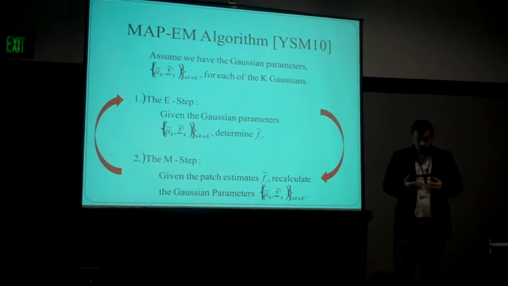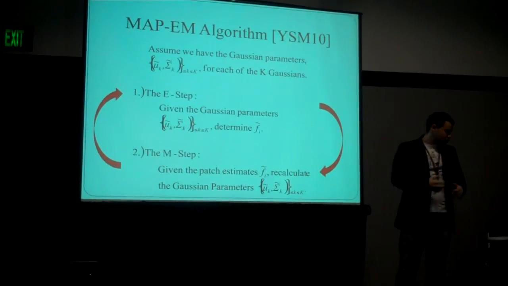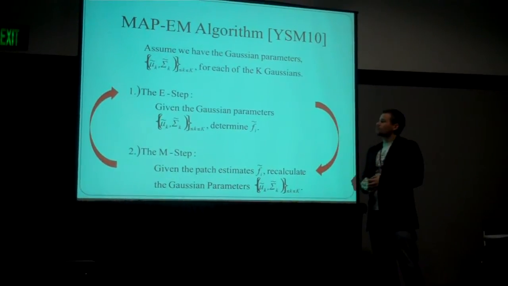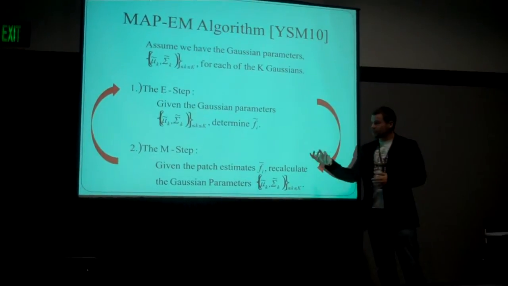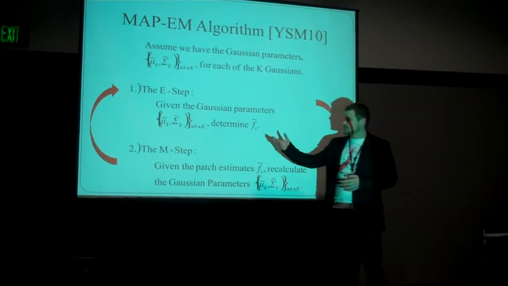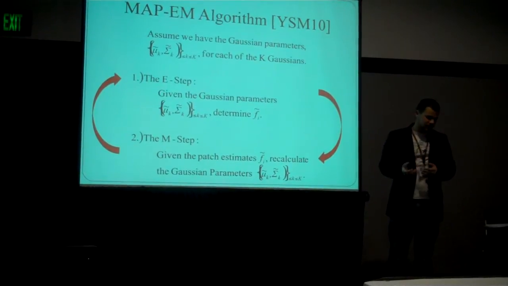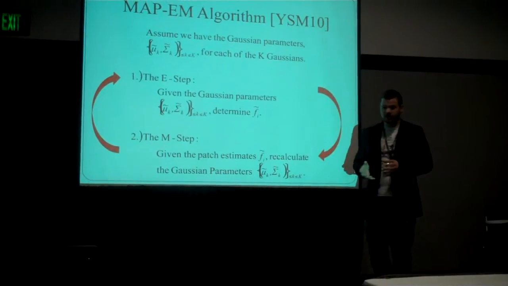So assume that we have an initialization for all of our Gaussians, all of our big K number of Gaussians, and we have a mean and a covariance for each one. We can go through, and in the E step, we can take each patch and determine which cluster it belongs in, which Gaussian it fits best in.